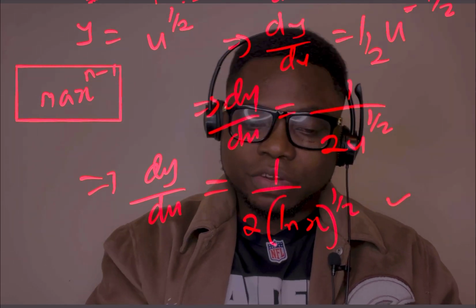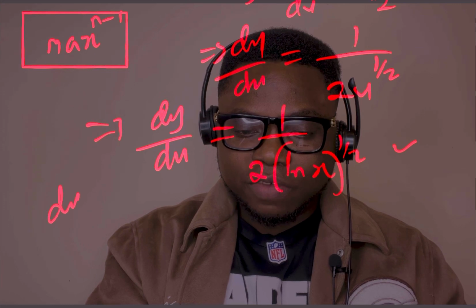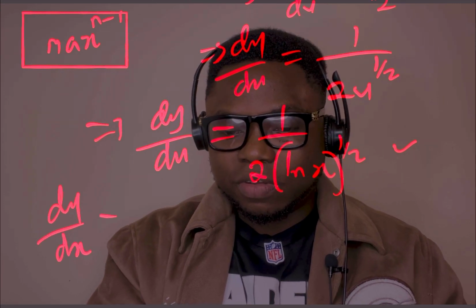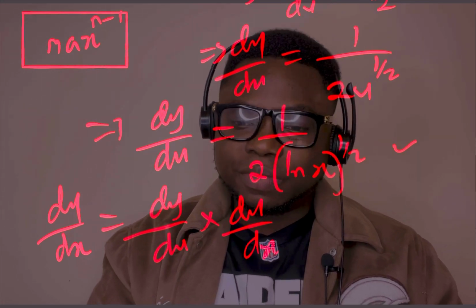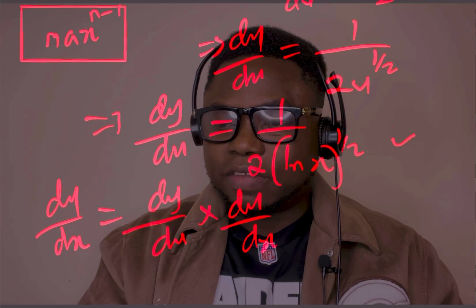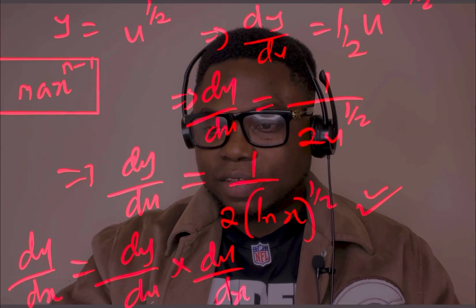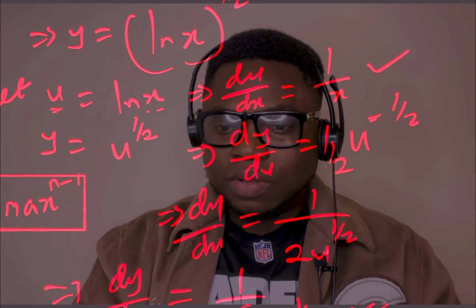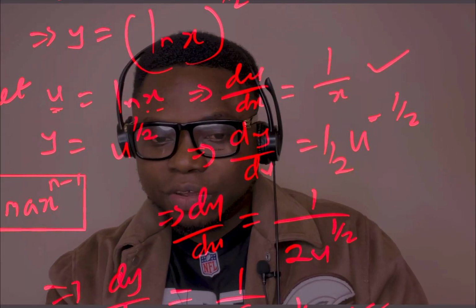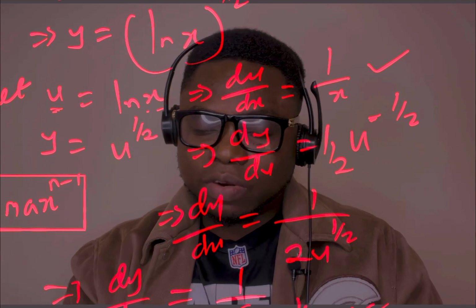Remember that we're looking for dy over dx. dy over dx is equal to dy over du times du over dx. That is the chain rule. Now we're going to multiply this and this. Remember the derivative of u with respect to x is 1 over x.